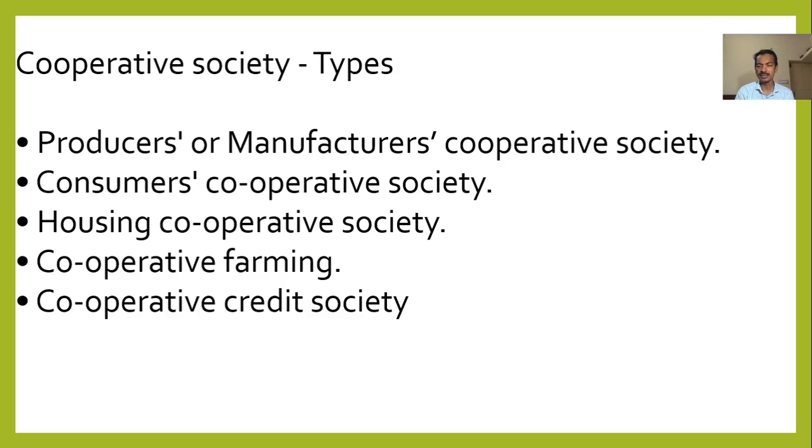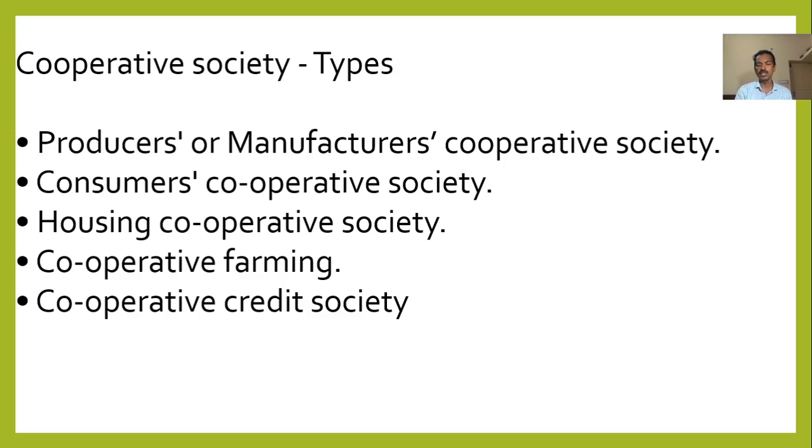Or even a manufacturers cooperative society, manufacturing the same type of products or different products, they come together and start the cooperative society. And consumer cooperative societies: sometimes consumers join together and purchase their products through these societies.